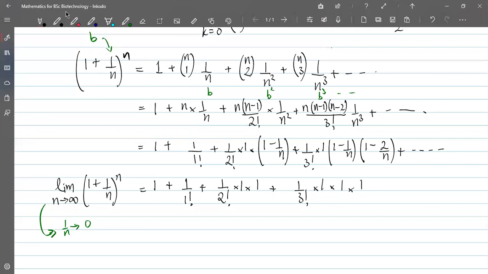It's 2 by n, but that still doesn't matter because 2 by n also approaches 0. So if it is in general k by n, k by n will approach 0 because n is approaching infinity and k is some finite number. So that means if you have the term of this form, 1 minus k by n, this is approaching 1. That's what happens in every term.